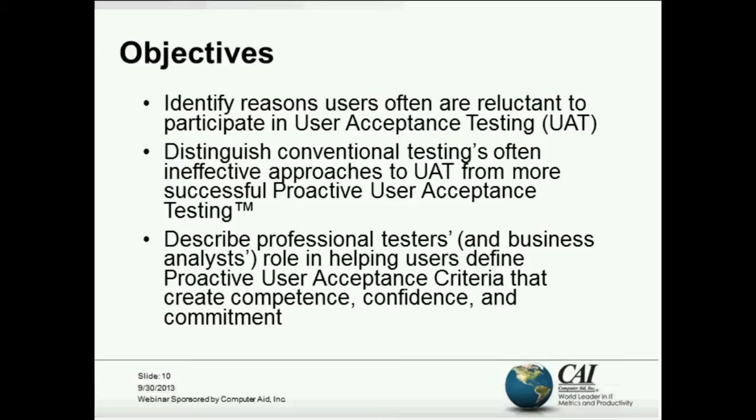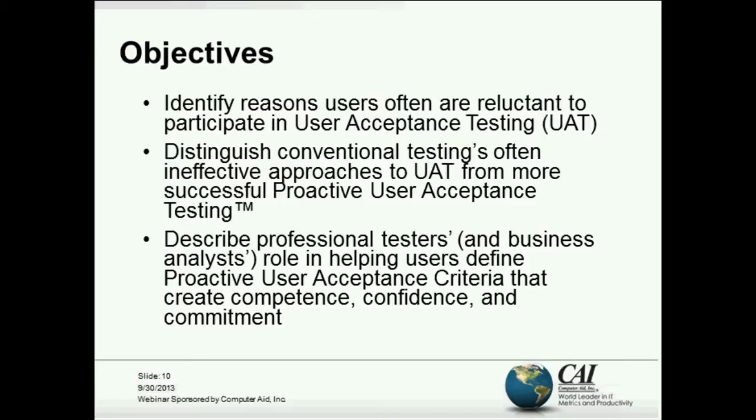Now, I'm going to describe some proactive testing techniques that I think provide a basis for more confidence and competence and increased user participation. And so, next slide. So, the objectives that I see for today.